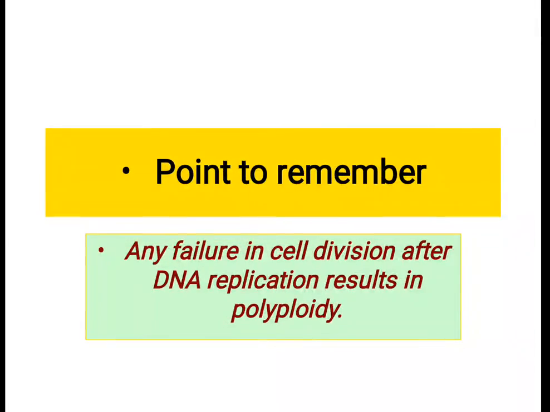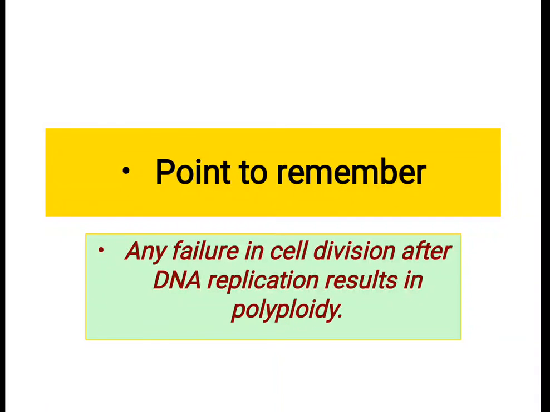Now some very important points after the new chain has been formed, that we must always remember. First of all, all the DNA polymerase 1, 2, 3 enzymes have 5'-3' polymerization activity and 3'-5' exonuclease activity. That is clear from the replication process.